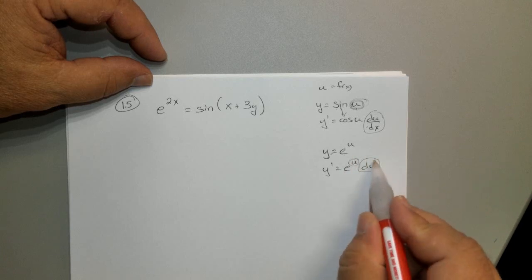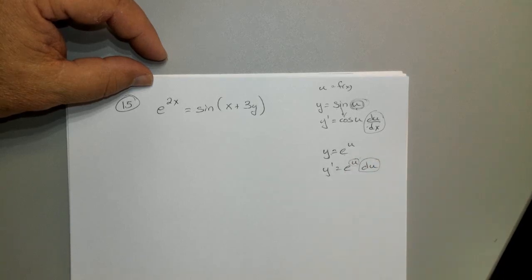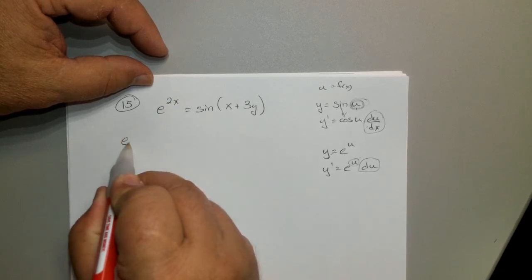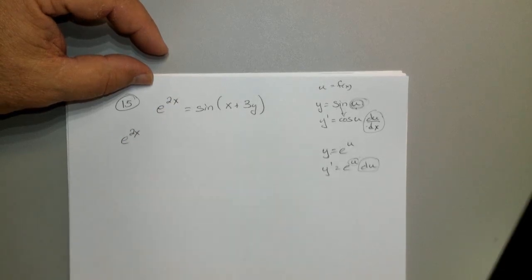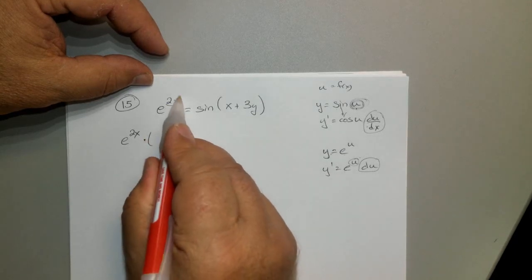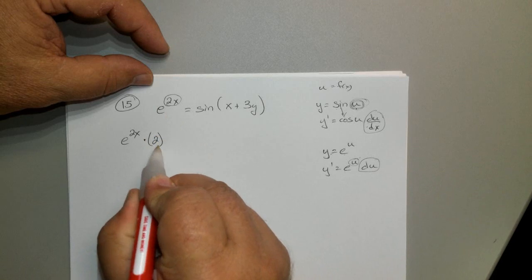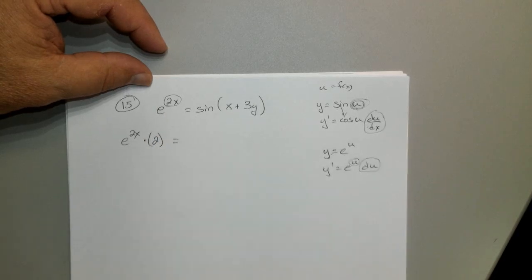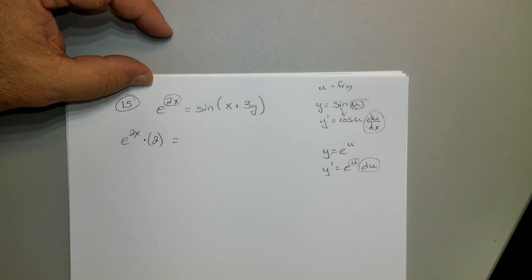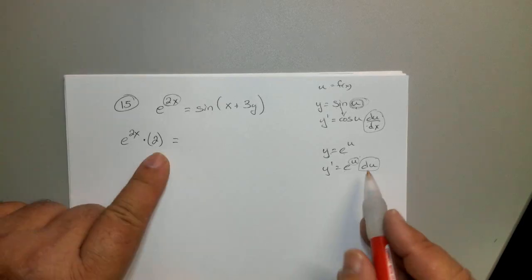The only thing you have to do is take the derivative of that exponent. So, the derivative of this equation is e to the power 2x times the derivative of 2x, which is 2. You see how it works there?